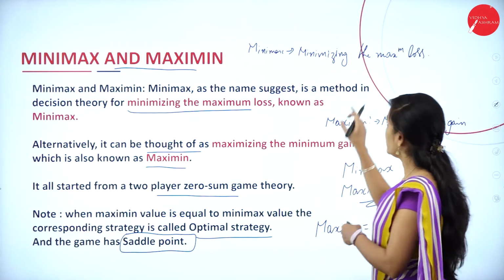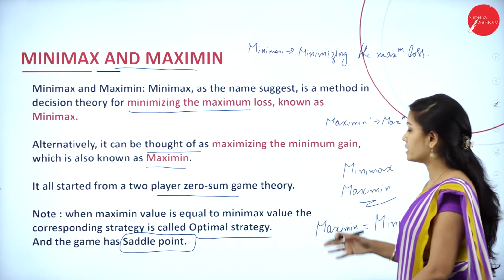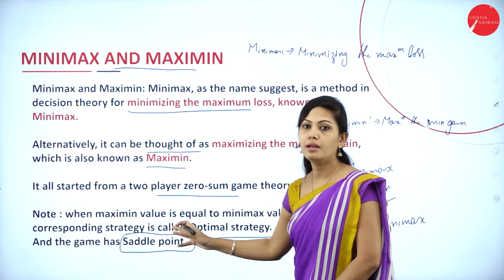If your minimax value is equal to the maximin value, then we can say it has a saddle point.